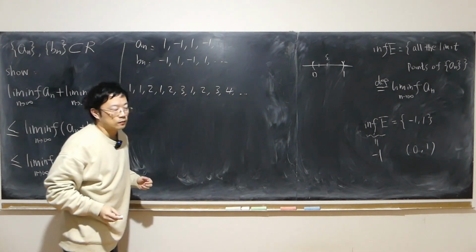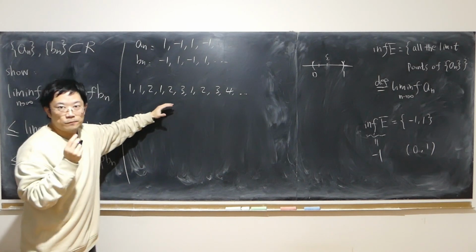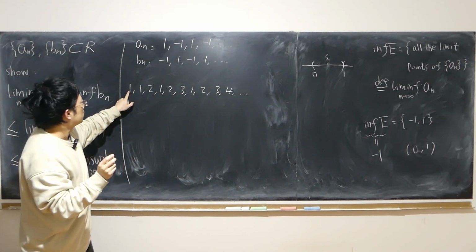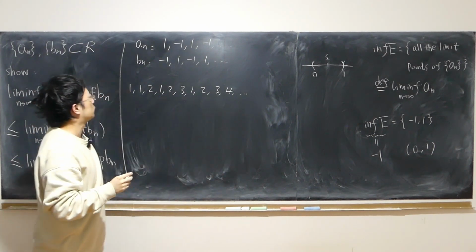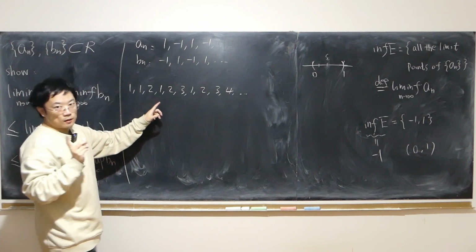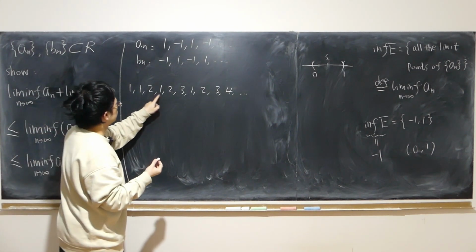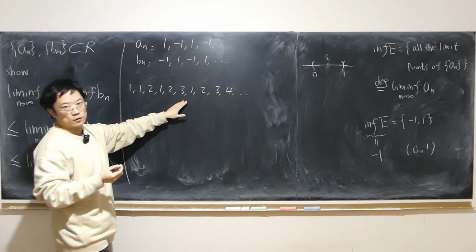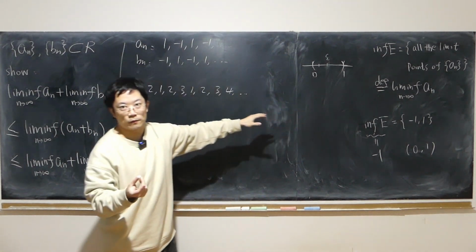You see the pattern, right? So this infinite sequence has infinitely many limit points. A subsequence converges to 1, because 1, 1, 1, so on and so forth. Another subsequence converges to 2, infinitely many 2s. Another subsequence converges to 3, infinitely many 3s.